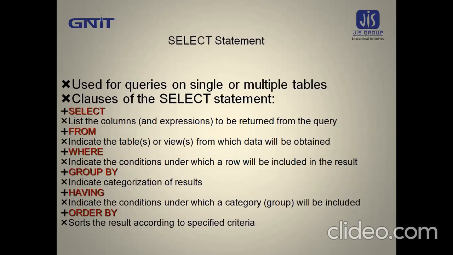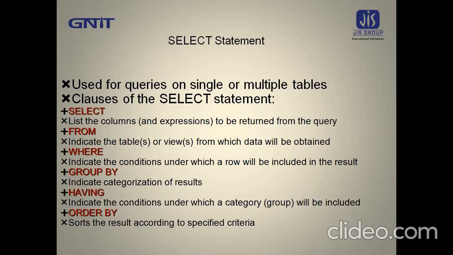Now select statement. This one is used for queries on single or multiple tables. Now there are some clauses of the select statement. First SELECT, then FROM, then WHERE, GROUP BY, HAVING, and ORDER BY. The select statement lists the columns to be returned from the query.